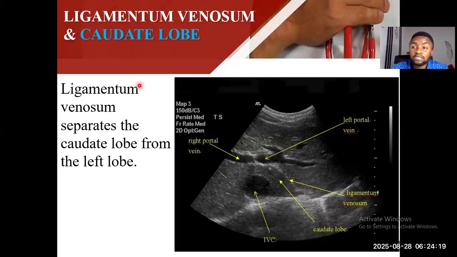Yesterday, when I was teaching you in the evening, you saw that the umbilical vein was passing through where the liver was, right? Because the umbilical vein will have to pass through the liver before the veins get into the inferior vena cava. You understand? With the help of the hepatic veins.